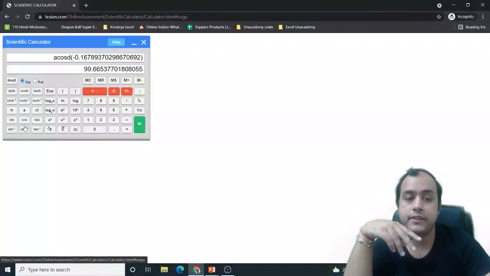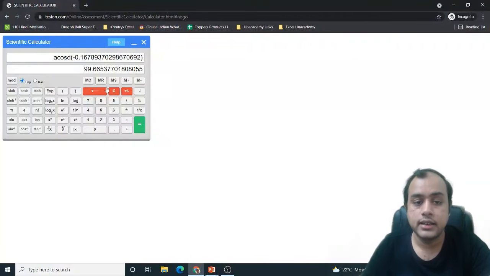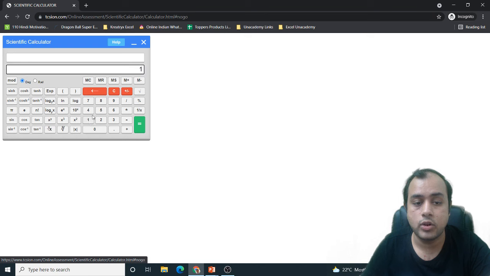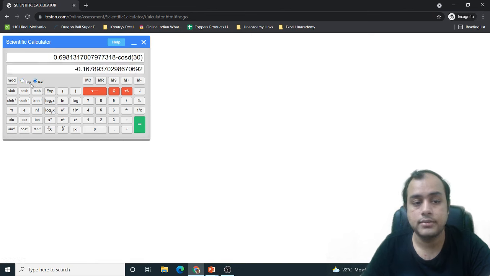One minute, I haven't converted it into radian. Inside the cos, it will always be in radian. 110 minus 30, that is a mistake I did. 80 into pi by 180 by 2 minus 30, I'll press, then cos. Now I'll go in radian.